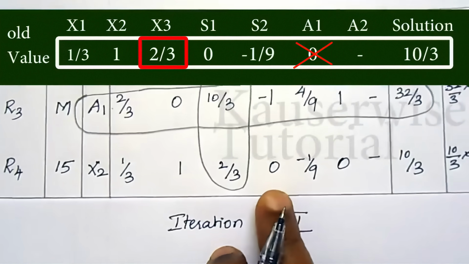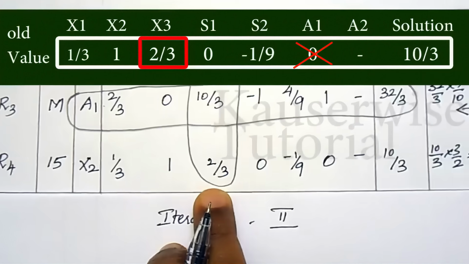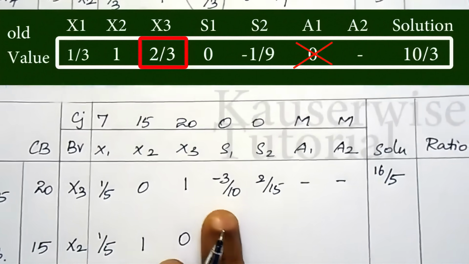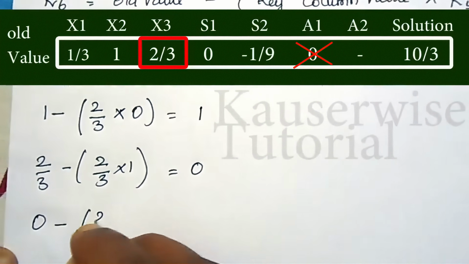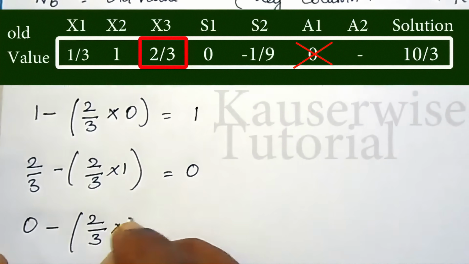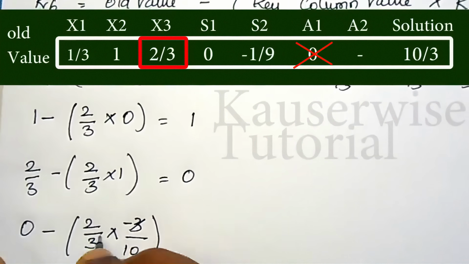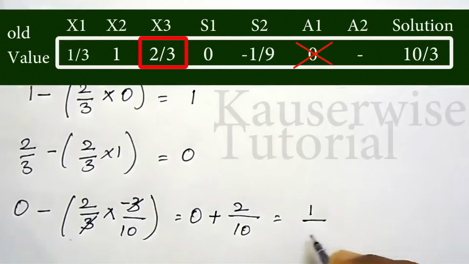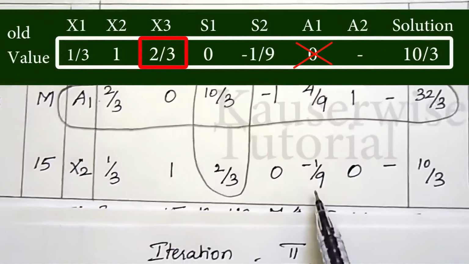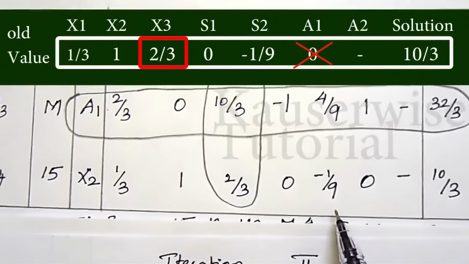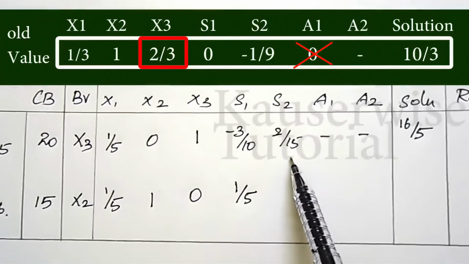Okay, for the next value, old value 0 minus the corresponding column value 2 by 3 into row 5 value minus 3 by 10. So 3 cancels, and we get 1 by 5. Next one, old value is minus 1 by 9 minus column value 2 by 3 into row 5 value 2 by 15.